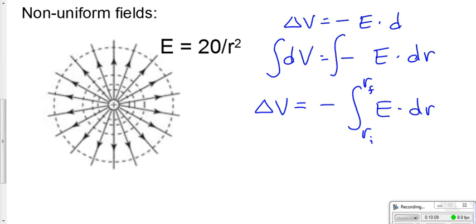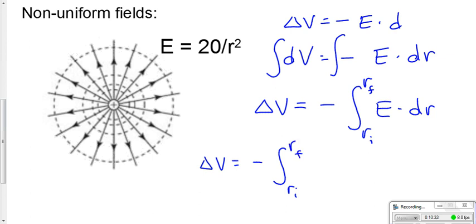So what would that look like in the case of our field here? Just to give you a practical example, let's imagine we go through this field, and we want to find a potential difference between any two particular points. I won't necessarily specify those points. Whatever they are, we would go here for our limits.